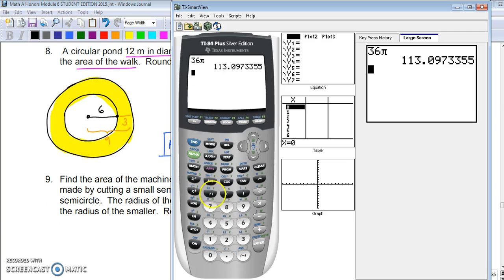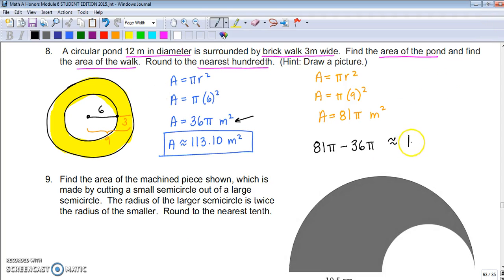Okay, so I've got 81 pi minus 36 pi, or you could use the previous rounded answer, rounding to the nearest hundredth, which means we're looking at this 1, so we'll keep it at 37. So we'll say our second answer for the brick walk is 141.37 meters squared. There were two answers that they were asking for.